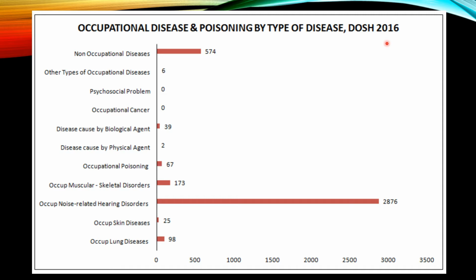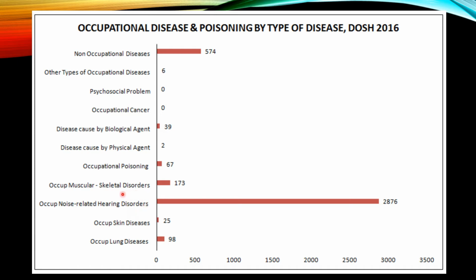So in this graph over here, we have data from 2016 that shows that among others, occupational poisoning occurred 67 times in that year. Occupational musculoskeletal disorders 173, and every year is the same.